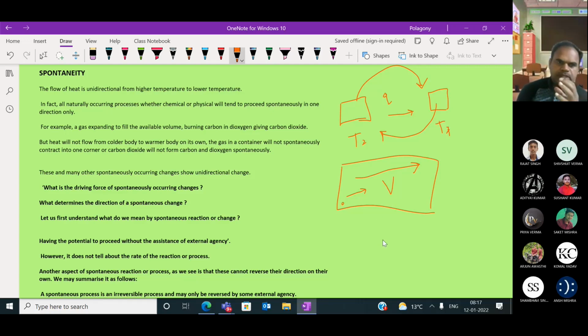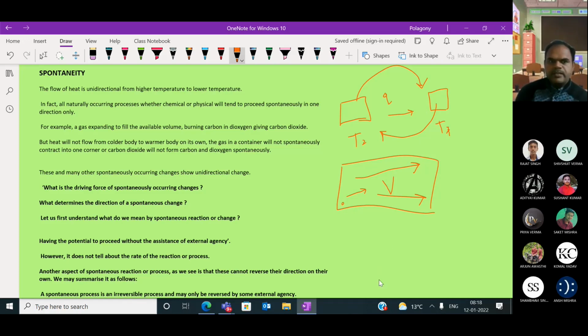And one more question here. The driving force for spontaneously occurring changes, what determines the direction of the spontaneous change? See, this is unidirectional. Spread of the gas is unidirectional, and transmission of heat from hot to cold is unidirectional.